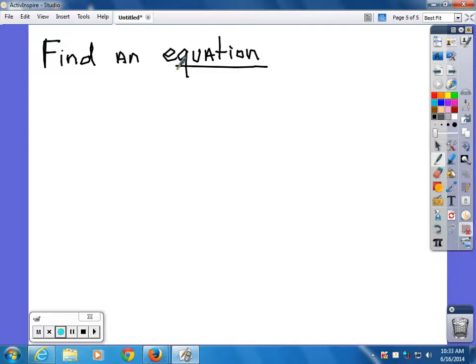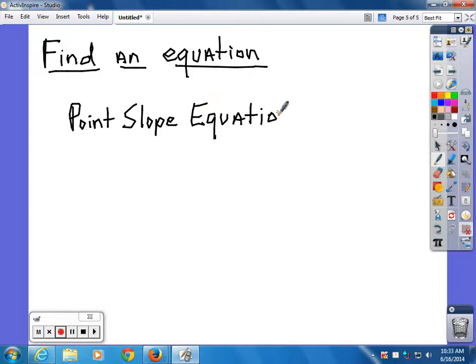When you see these 3 words, you're going to use the point-slope equation: y minus y sub 1 is equal to m times x minus x sub 1. Now, that's the third most important thing to memorize. The first one is general form of the line. The second one is the slope equation. And the third one is point slope equation.